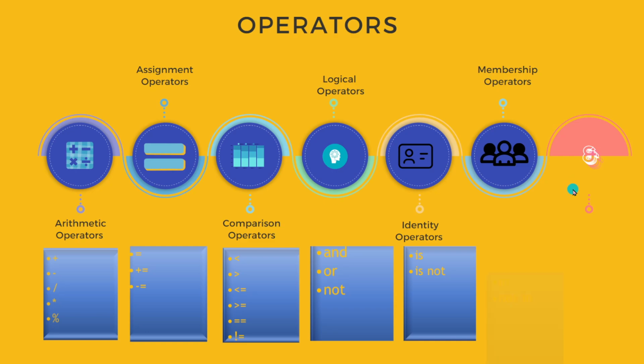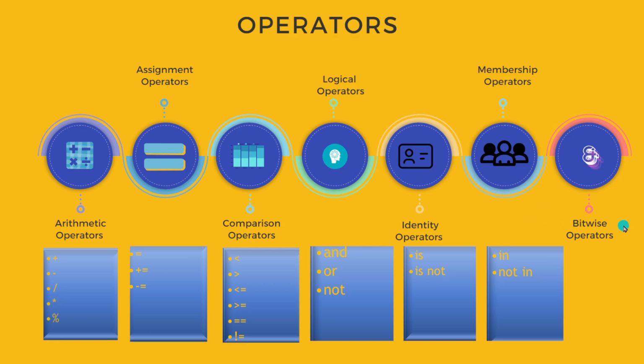When we have some set of data, whether a particular variable is in that set of data or not in that set of data, this kind of membership we identify using membership operators. The last one is the bitwise operator. We have bitwise operators and, or, not. These bitwise operators are also used in Python.